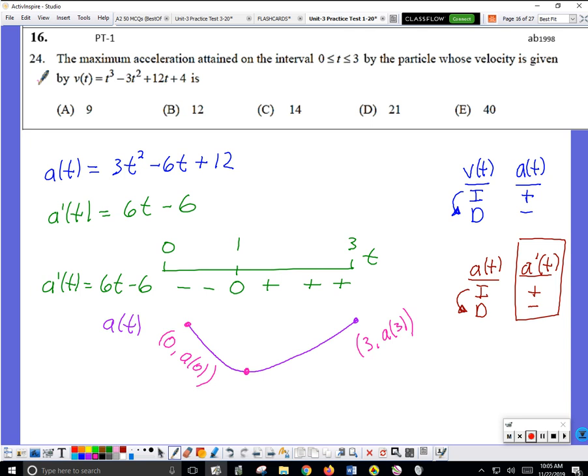No, you have to plug them into A. Once I plug those values into A, I'll see that one of them is higher. Then I'll know the highest acceleration. Question? Good work.